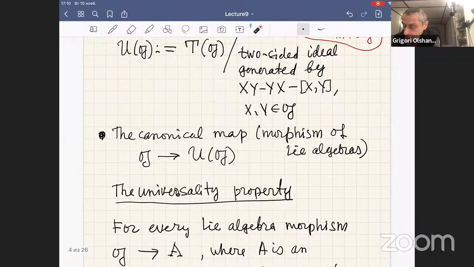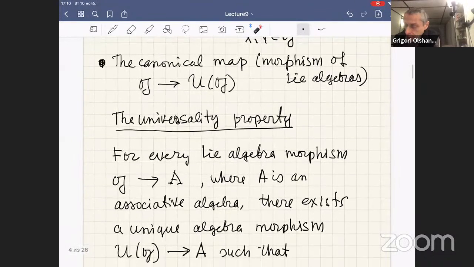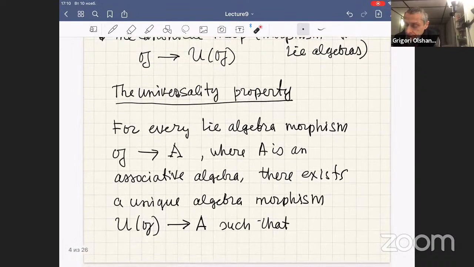Okay, so we have a canonical map, and by this property, this map is a morphism of Lie algebras if this associative algebra is equipped with the Lie algebra structure which comes from the commutator. This just follows from this fact. And it's universal because the following universality property holds.